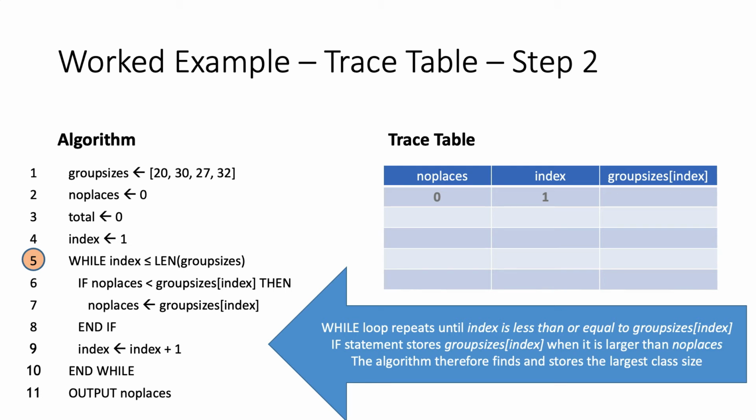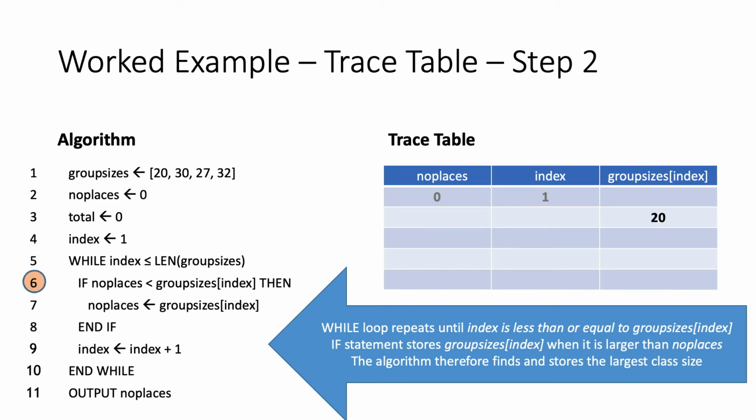So while the index identifier is less than or equal to the size of group sizes, well, the length of group sizes is 1, 2, 3, 4. So at the moment 1 is definitely our index, so 1 is less than or equal to 4. So we're going to go into line 6 now because that condition is true.